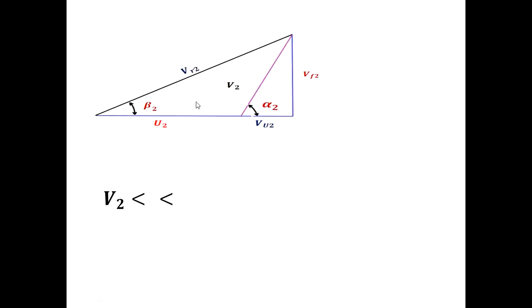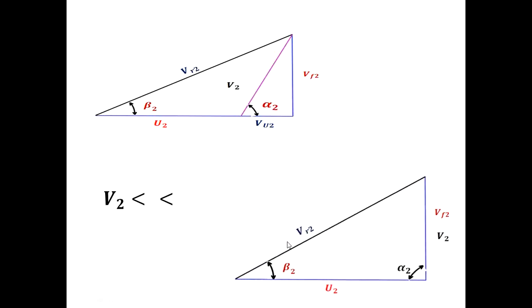As usual, you write the exit velocity triangle, but in the exit velocity triangle V2 can't coincide with this one. Therefore V2 will coincide with the flow velocity at the exit, which is drawn perpendicular to the blade velocity. Then it will coincide with the fluid velocity. Therefore the exit of the turbine will be axial. They call that an axial exit. Therefore the fluid will exit axially, parallel to the axis of the turbine.